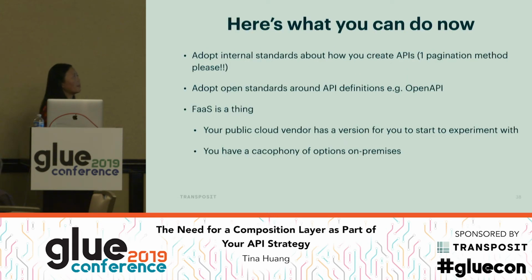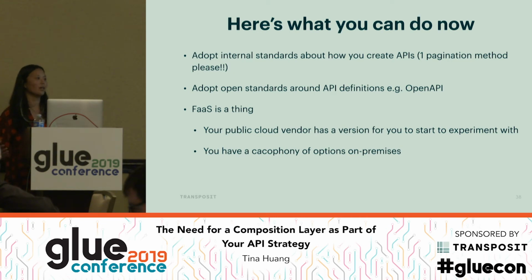So this problem of API composition is accelerating. Just think about how many APIs you used in the past, how many you're currently using, how many APIs you anticipate having to use in the future. So even if you aren't ready to build or adopt an API composition platform, there's still things you can do right now. For one, adopt internal standards.